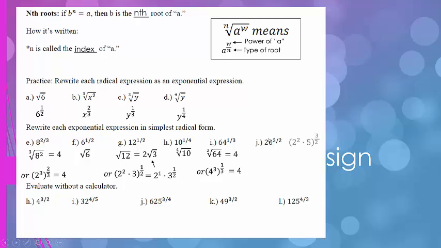Now J is going to be a little trickier because we would have to do the square root of 20 cubed. Now that's getting a little bigger. It's doable, but it might be easier to write 20 as 2 squared times 5, distribute the exponent, and get 2 cubed, 5 to the 3/2. We're going to learn this a little later.